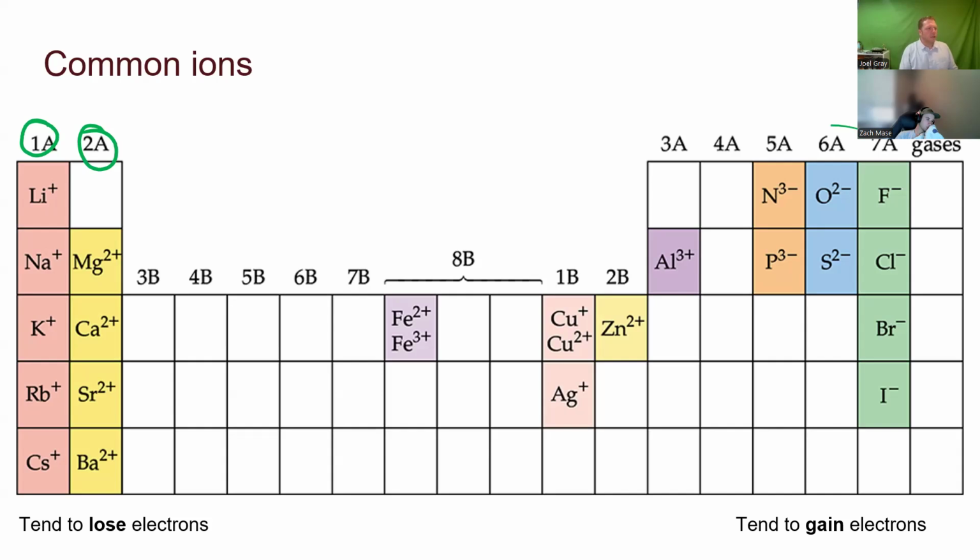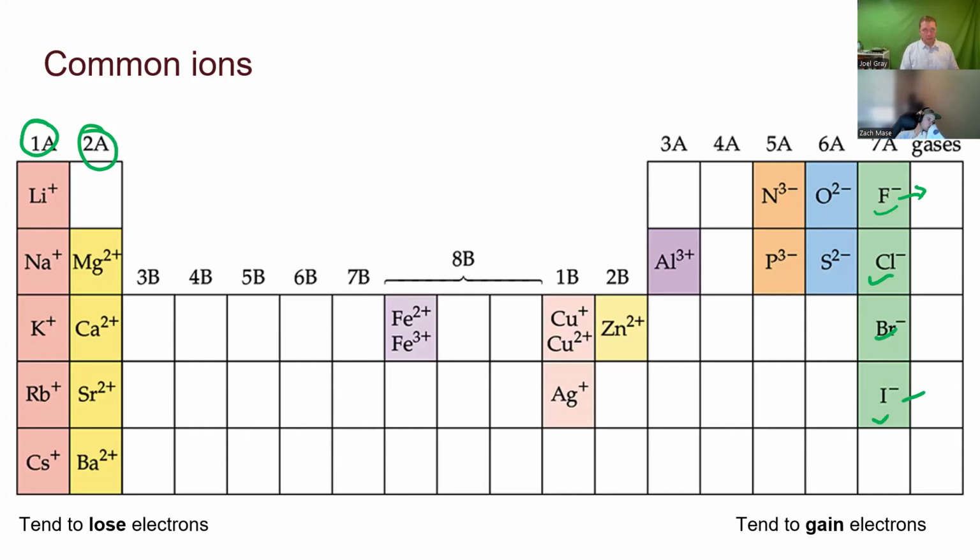Then on the right-hand side, these tend to gain electrons. These non-metals pick up an electron and get to that noble gas configuration. Fluorine gains 1. Chlorine, bromine, iodine, they all gain 1 electron to get to that noble gas configuration.